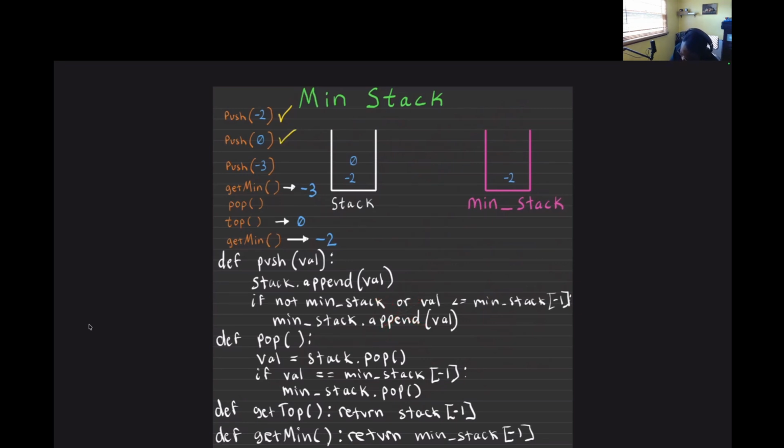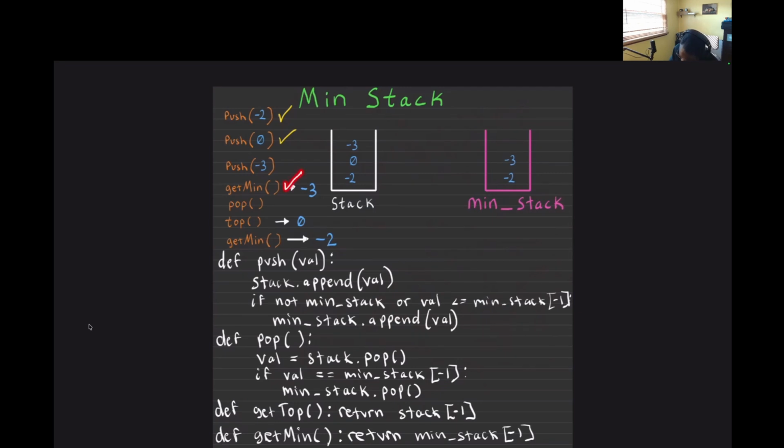Now on to the third push. We immediately push onto our stack, right? And then now we look at this case. This part doesn't hold, but this part holds, right? Because -3 is less than or equal to -2. So look at that. We also bring in that -3 on our min stack.